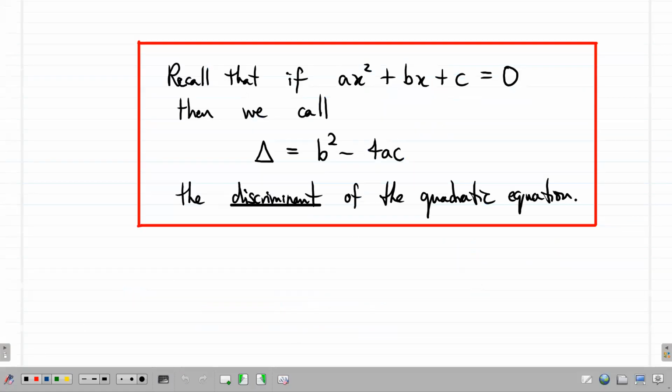The discriminant is this number b squared minus 4ac. So if b squared minus 4ac is positive, your quadratic equation has two solutions. If it's negative, you have no real solutions, but two complex solutions. If it's equal to 0, you have a unique solution.